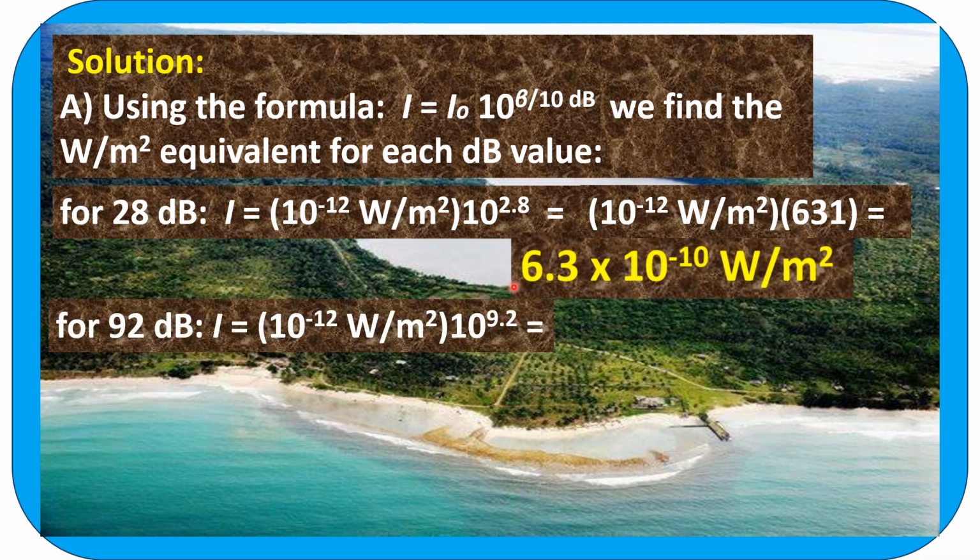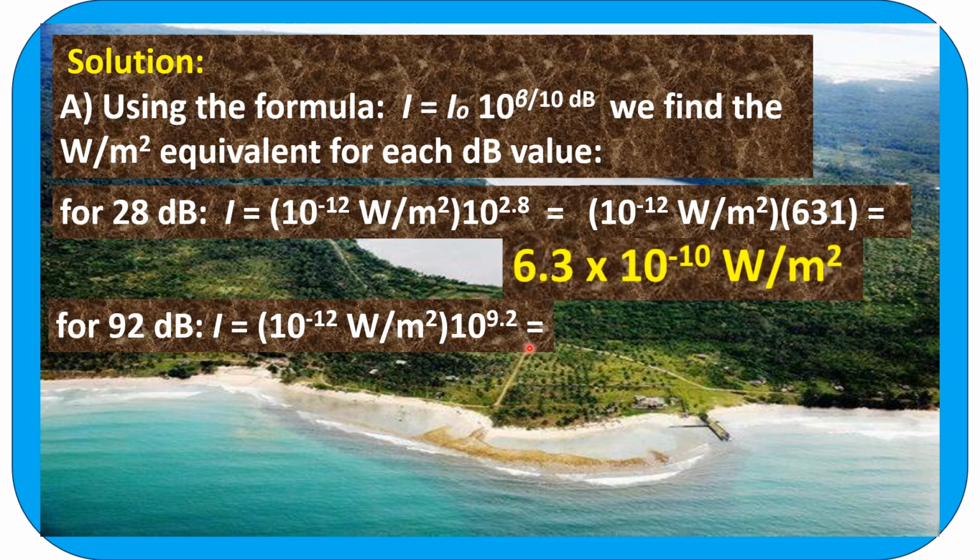Similarly, for the 92 decibels, all right, its intensity is equal to I naught, 10 raised to the negative 12 watts per meter squared, multiplied by 10 to the power 9.2. All right, 9.2 is obtained by dividing 92 decibels by 10 decibels.